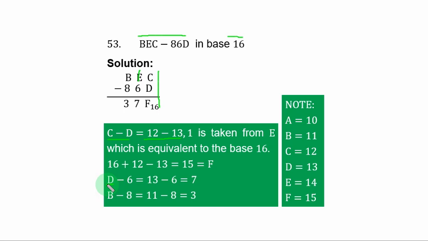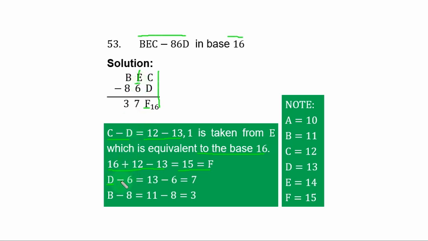So the one you borrow from E is equivalent to the base 16. So you add 16 to C before you subtract 13 from it. So you have 16 plus 12, that is C, minus D, which is 13, and you have 15. In base 16, 15 is equal to letter F. So you write down F. In this place, you are left with 13.